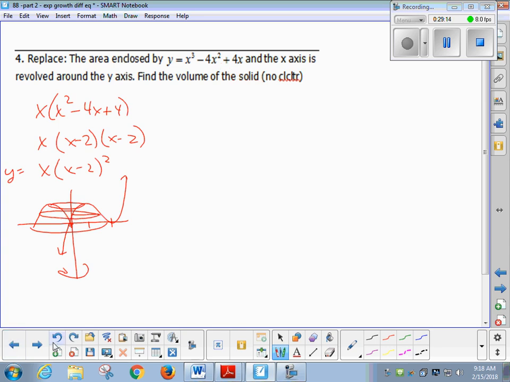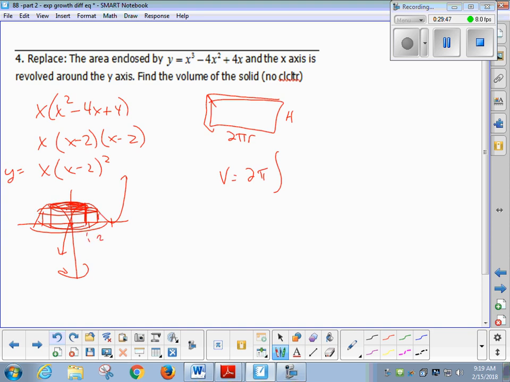And so what happens if you use an x slice in such a case, around the y-axis? You have to use a shell. So we're going to go shell. This distance is the circumference, this is the height. 2 pi. What's the radius? It's different each time, but it's a horizontal distance, so it's just here or here. Isn't that just the x at any point?